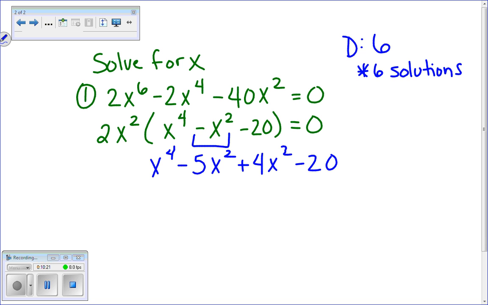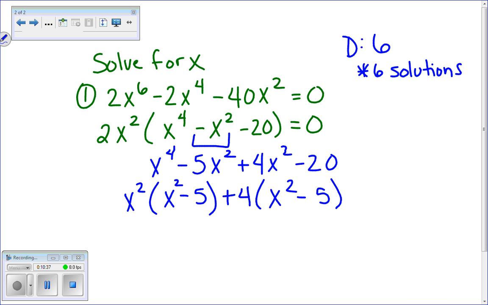Out of the first two terms, I can take out an x squared, and I'm left with x squared minus 5. Out of the second two terms, I can take out positive 4, and I should have x squared minus 5 left over. So my factors are x squared plus 4 and x squared minus 5.